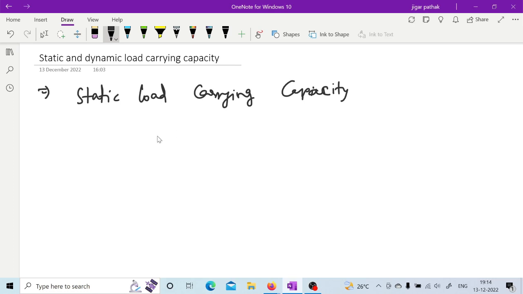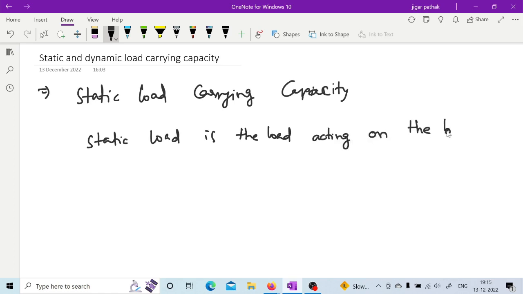Static load is the load acting on the bearing when the shaft is stationary.